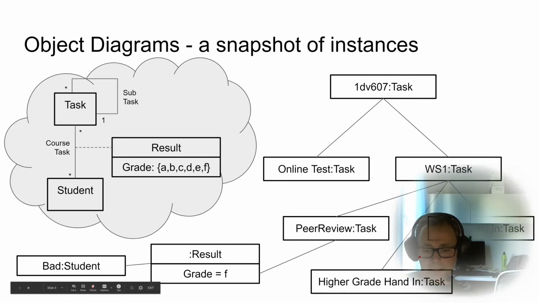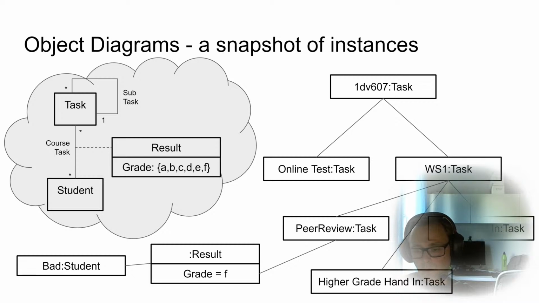And sometimes you find something that is a little bit odd. For example, when I think about this, I would probably not say that every grade is A to F here, because on the online test you get pass or fail. The peer review is also more pass-fail. These are graded like this, this is maybe a 0 or a 1 or a 2 in a grade, and this is 3 or 4 in a grade, and this top one is A to F. So looking at this model, I would probably expand this grade attribute into a class of its own, and maybe it has subclasses and things like that.